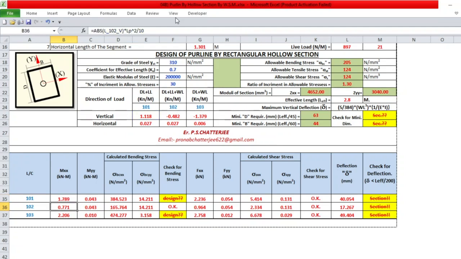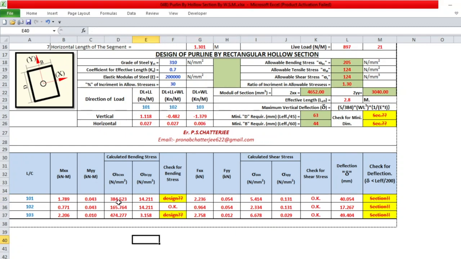So the moment will be WL square by 10, not 12, not 8. For every load case, I have derived. These are the moments for each and every load case. Similarly, Fx, Fy, we can find, dead load into length of the purlin divided by 2.